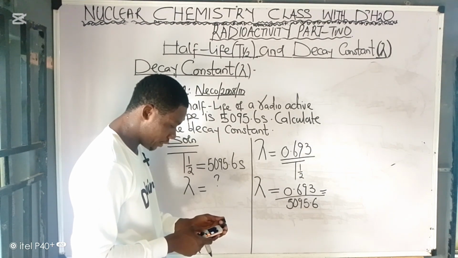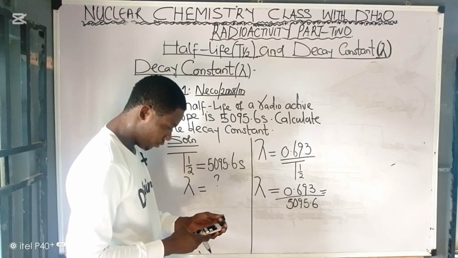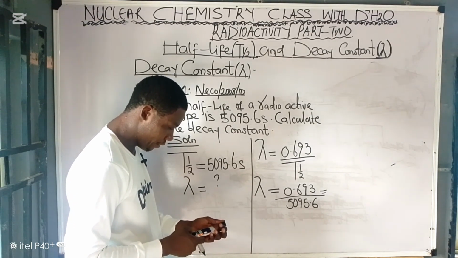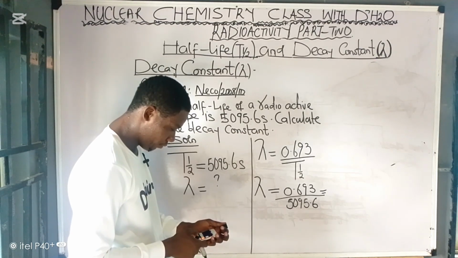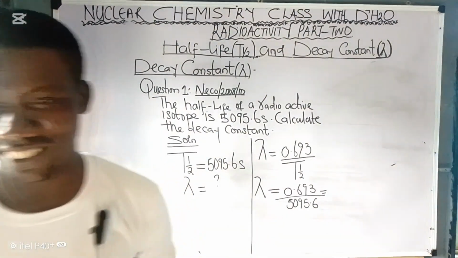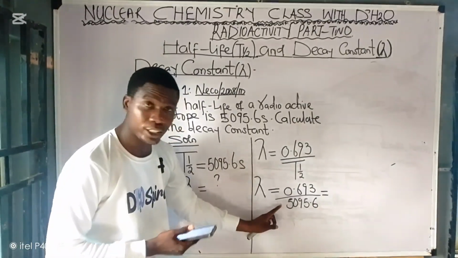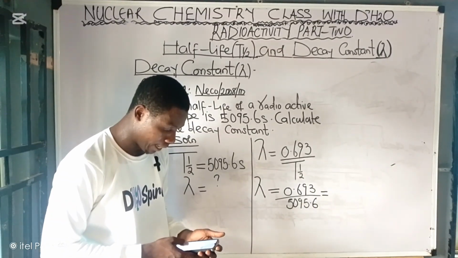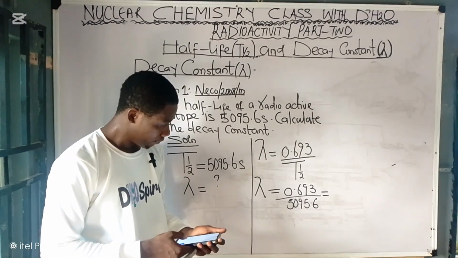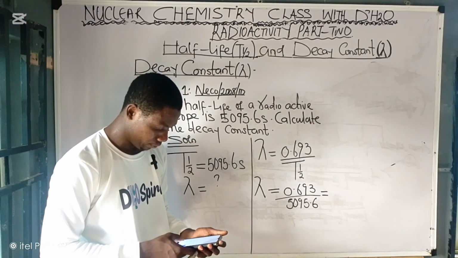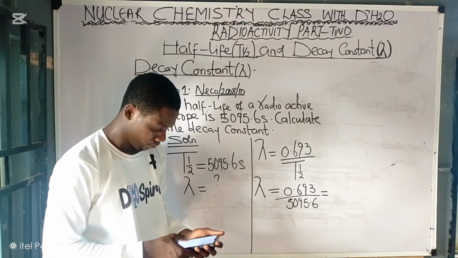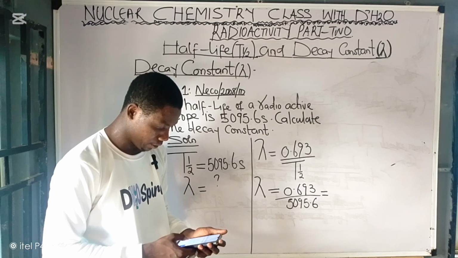Let's divide this quickly. 0.693 divided by 5095.6.